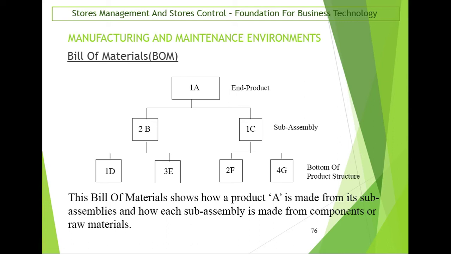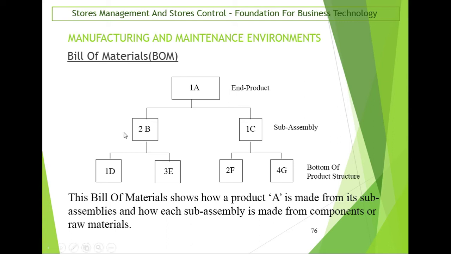Those parts are put together outside before you even bring the engine to the car. And that same engine can actually be used as an engine for different types of cars. So we call the engine a sub-assembly. It is a finished item on its own, but it still needs to be joined to other sub-assemblies in order to make the full product.